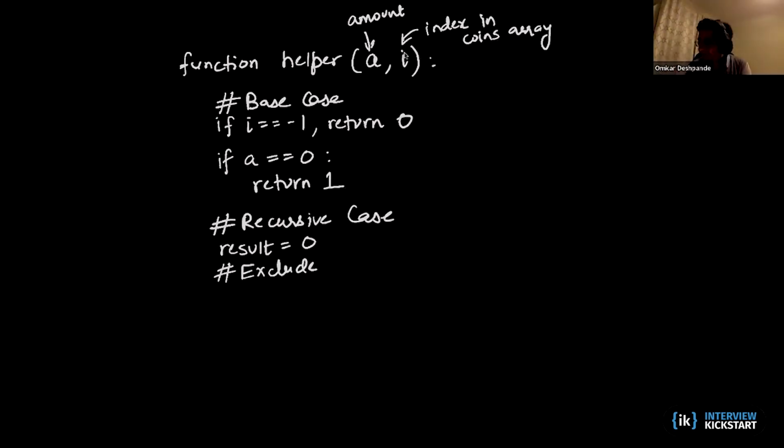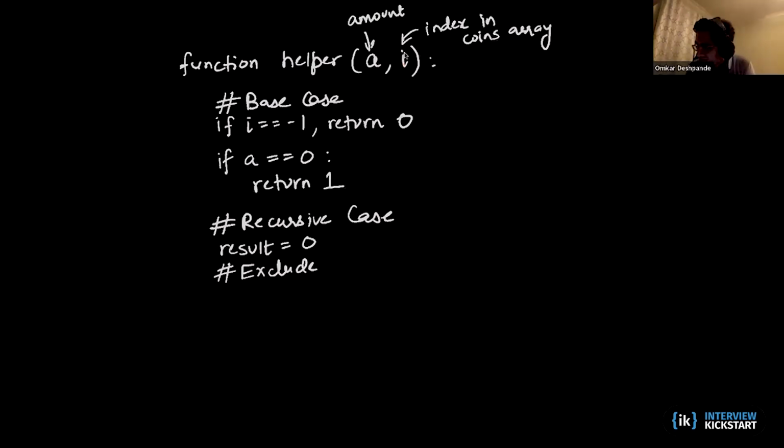Essentially, I'm excluding the ith coin, coins of I. So I'm going to assign the same amount, but a slightly smaller coins index, because I'm excluding the ith coin.